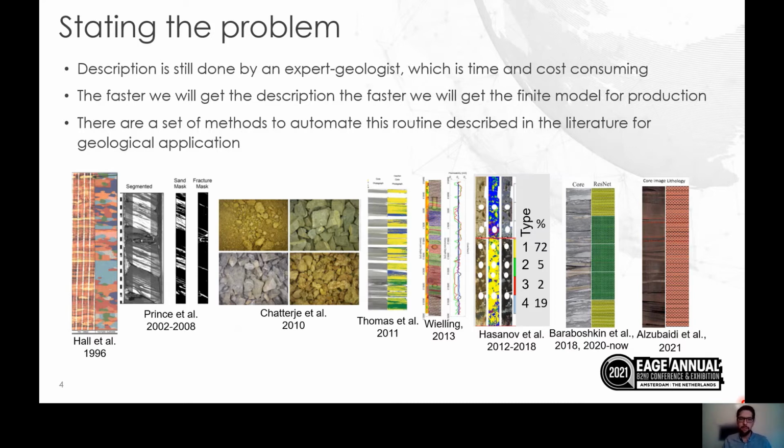So it is obvious that the faster we will get the description of core, the faster we could process the data and get the finite geological model and use it in production.